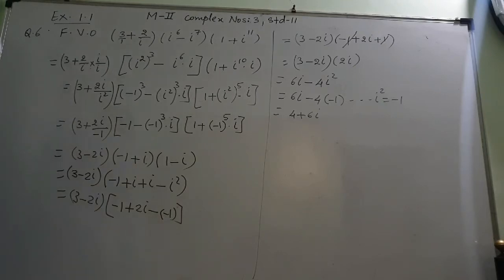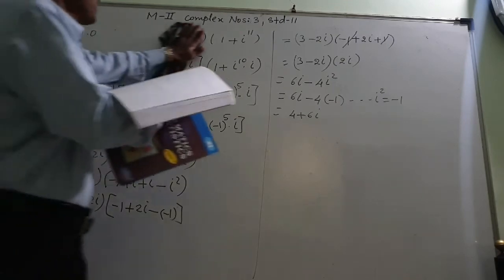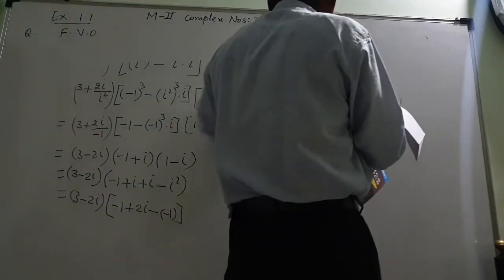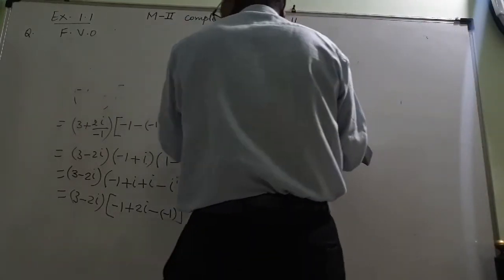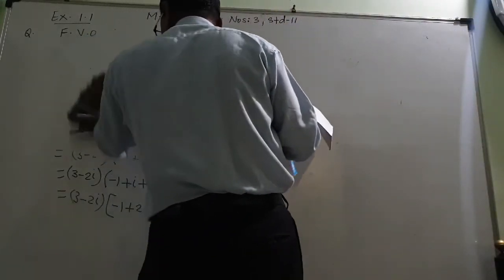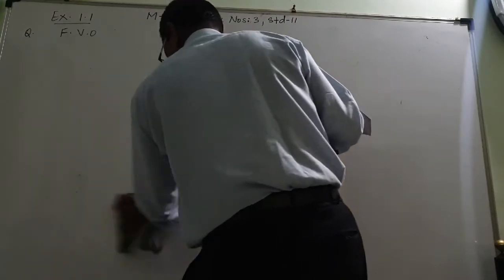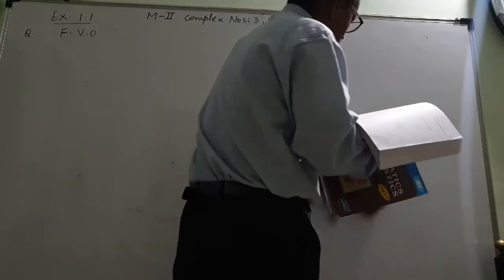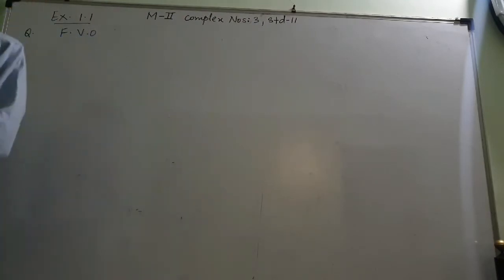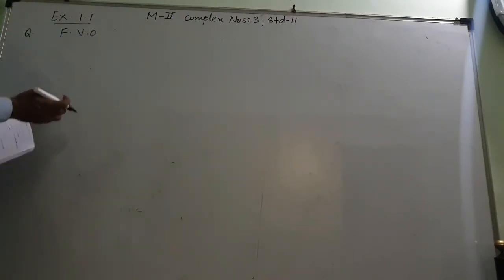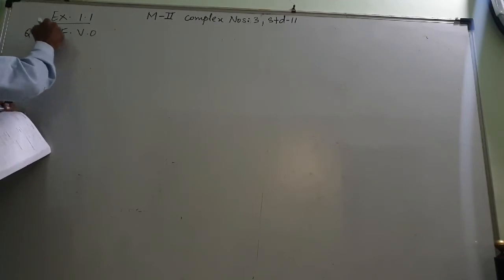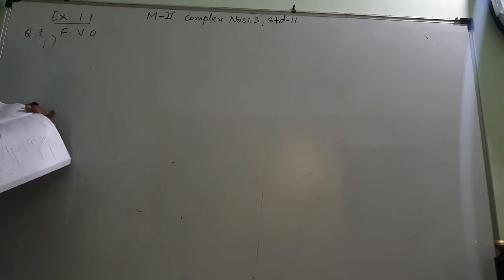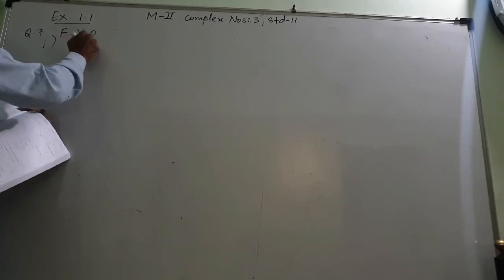Another question, the most important question, question number 7. Again it is find the value of. This is just the adjustment, the simplest adjustment. First one, this is question number 7, find the value of i raised to 35.